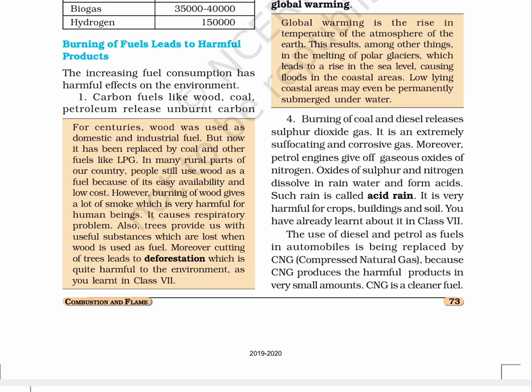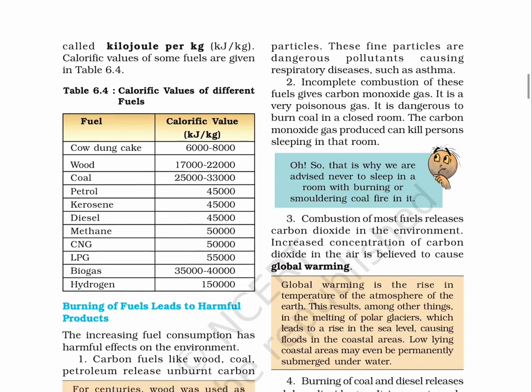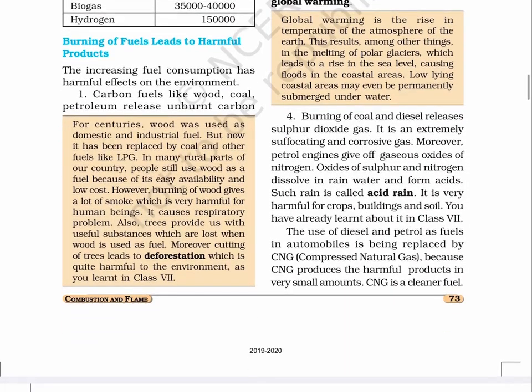For centuries, wood was used as domestic and industrial fuel, but now it has been replaced by coal and other fuels like LPG. In many rural parts of our country, people still use wood as a fuel because of its easy availability and low cost.